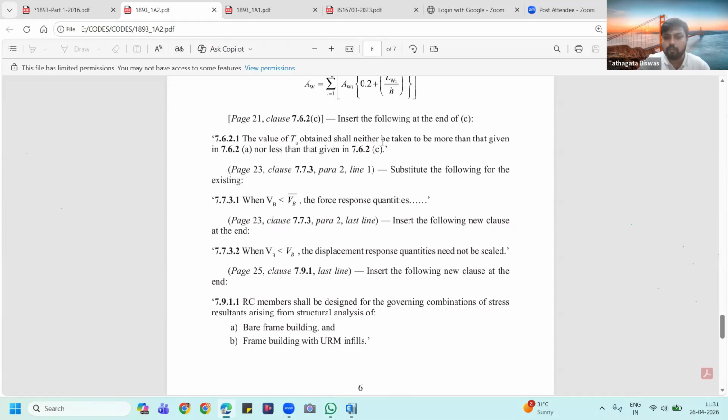Okay, so it should not be more than 7.6.2A or less than 7.6.2C.